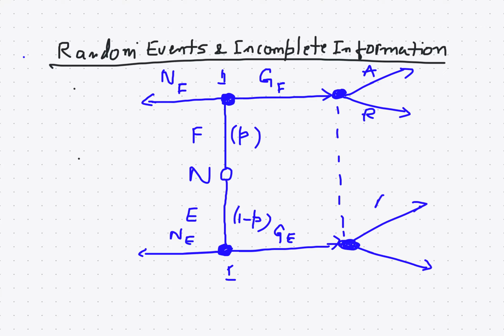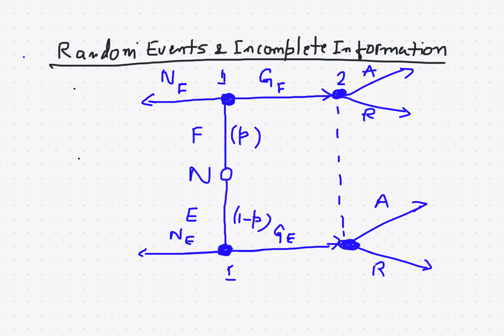Those are the two strategies for player two. Then I can throw in the payoffs. Let's make some assumptions. Player one likes to give gifts, and if the gift is accepted, then player one is happy. Player one doesn't like to be rejected, whether it's friend type or enemy type.